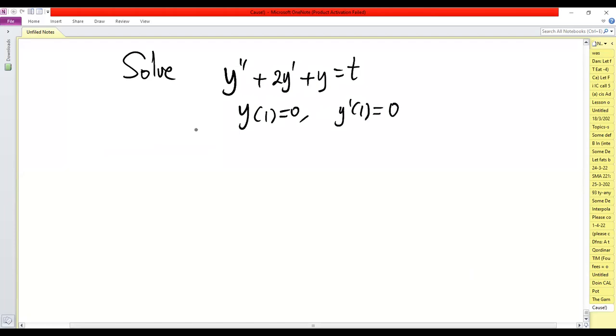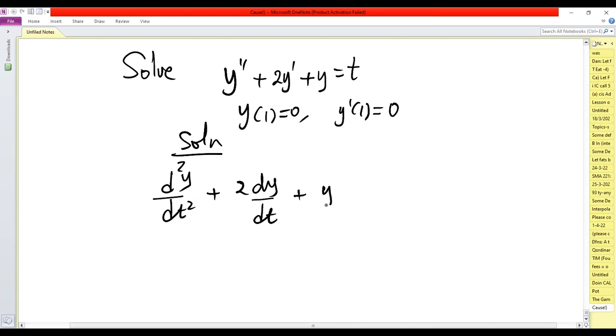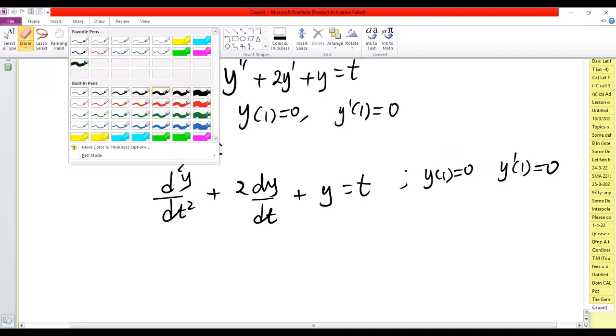Remember, this differential equation can be written as d squared y dt squared plus 2 dy dt plus y equals t, with the given conditions that the value of the function at t equals 1 is 0, and also the derivative of the function at t equals 1 is also 0.